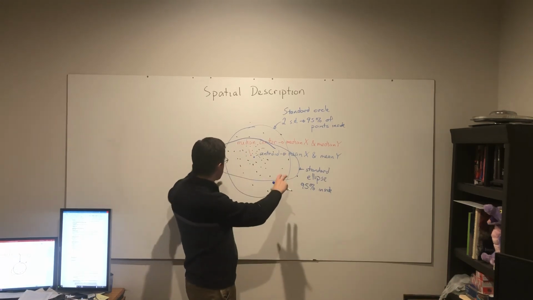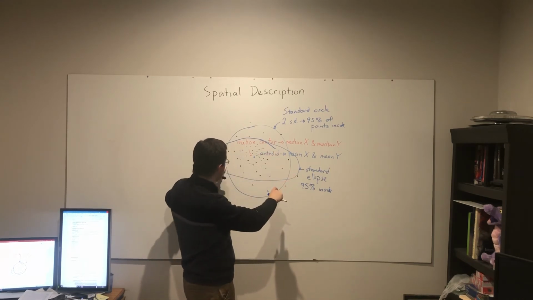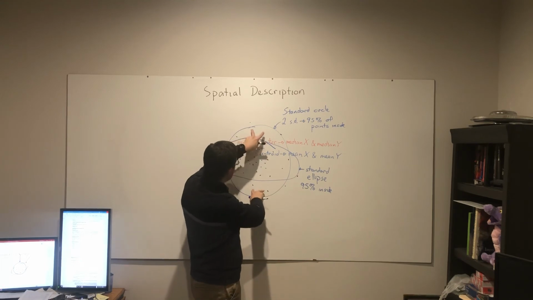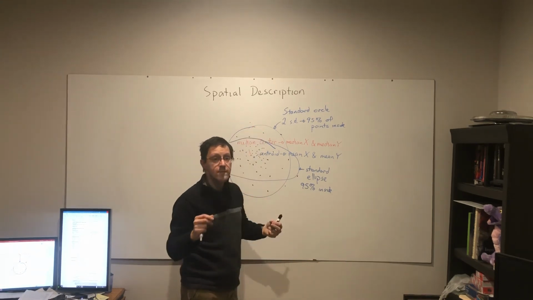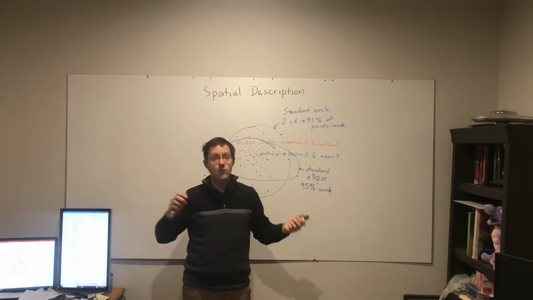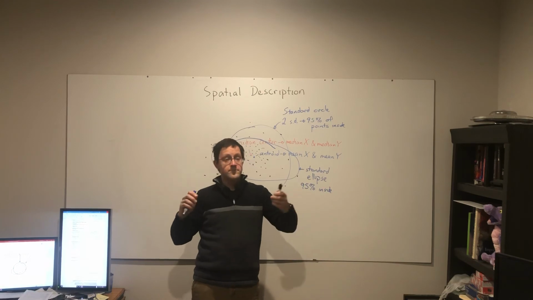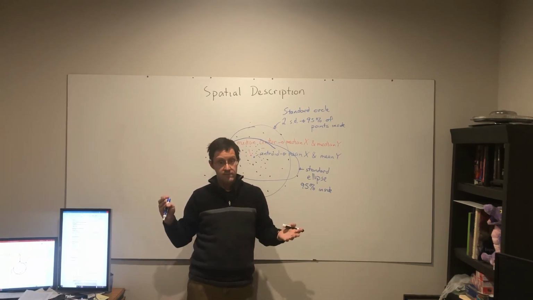So we can see, by taking in some of these points over here, leaving out some of the points at the top and bottom of the standard circle, we can get a smaller ellipse that would have the same number of points. That is the idea behind the standard ellipse.